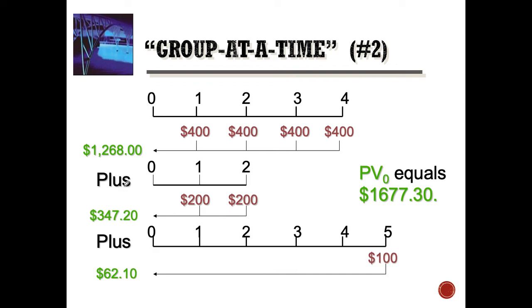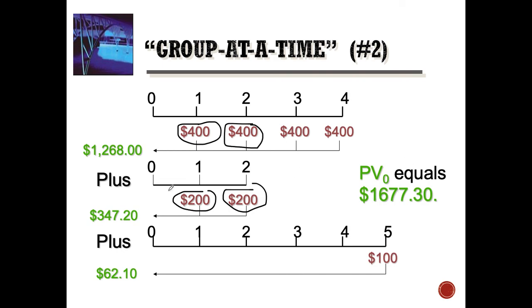It also uses grouping. For this way, we put here 0, 1, 2, 3, 4 is 400 all, but actually year 1 and year 2 is 600, so plus this one 200 for year 1 and 200 for year 2.